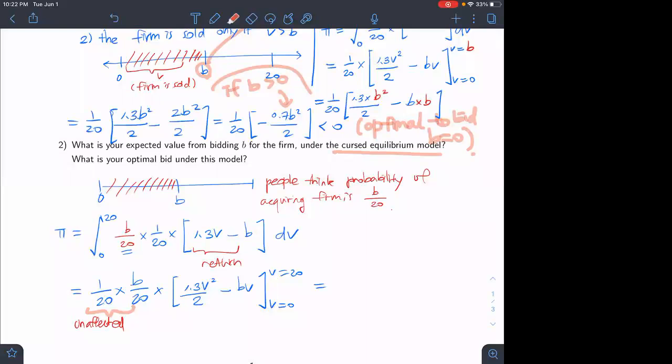So this first part is something like the probability. Yes, you are correct.